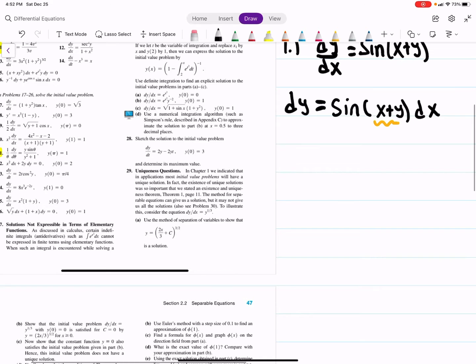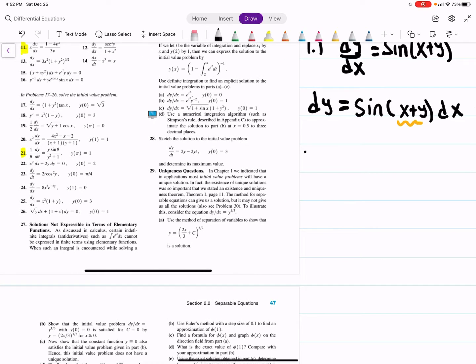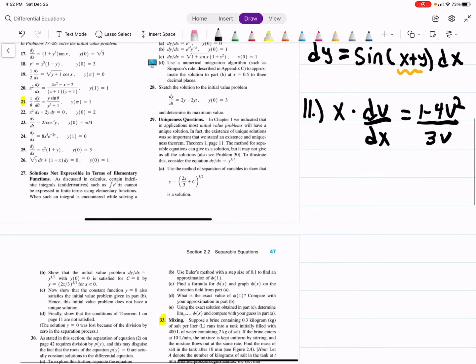Okay, let's look at problem 11. Problem 11 is x times dv/dx equals (1 minus 4v squared) over 3v. Maybe v stands for velocity if you want to think of it from a physics perspective. Okay, so is this separable? Well, let's see.